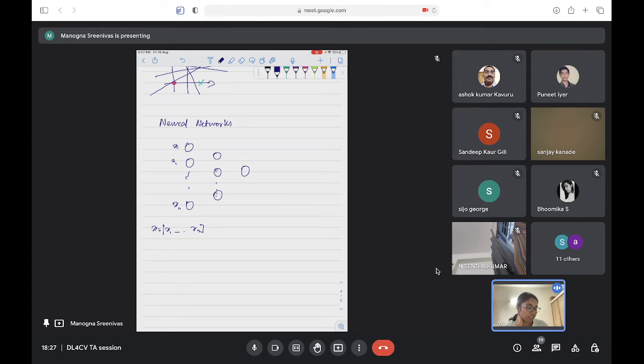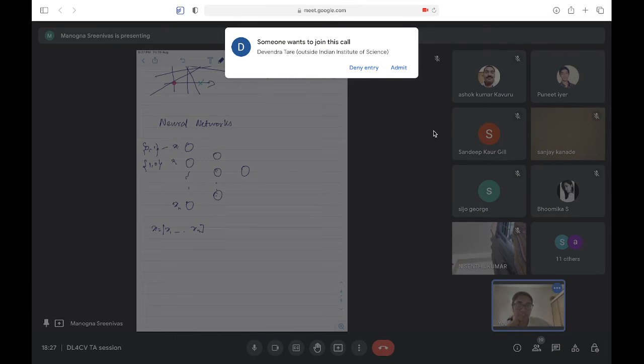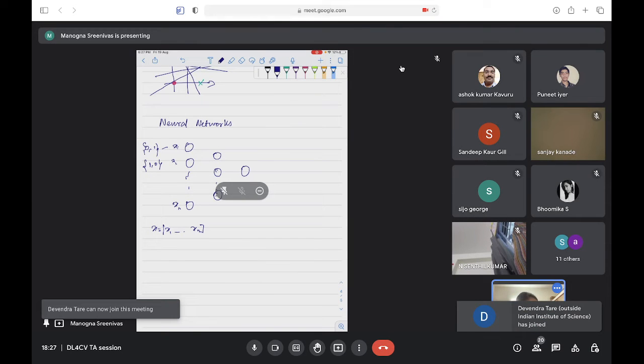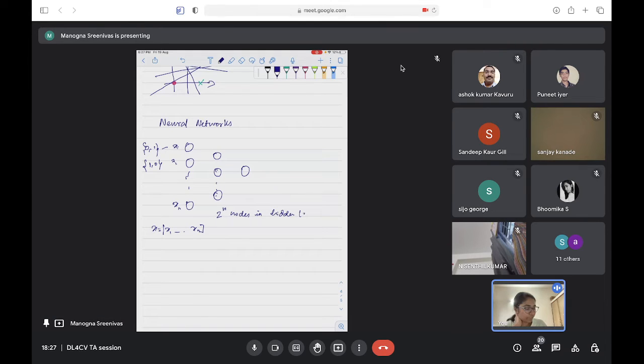If my inputs x1 to xn take zeros and ones only, like x1 goes to either 0 or 1, x2 is so binary. If my inputs are binary vectors, in such cases, if I have 2 to the power n nodes in the hidden layer, I can represent any class of function and always try to classify them.